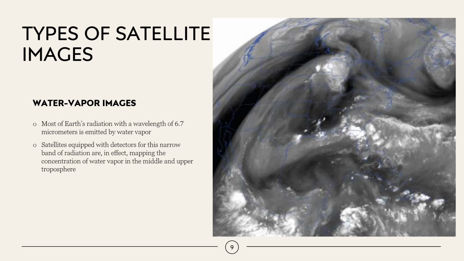Because most fronts occur between air masses having contrasting moisture conditions, these water vapor images are valuable tools for locating frontal boundaries. As you can see in this picture, the brighter the white part, the greater the atmosphere's water vapor content, and the black areas are the driest.